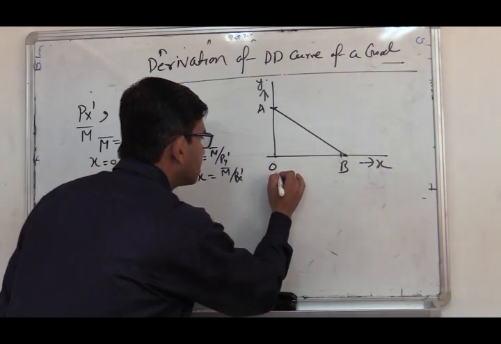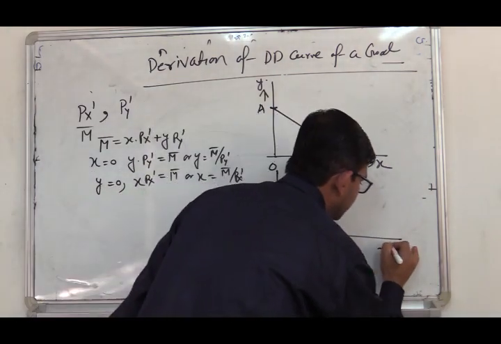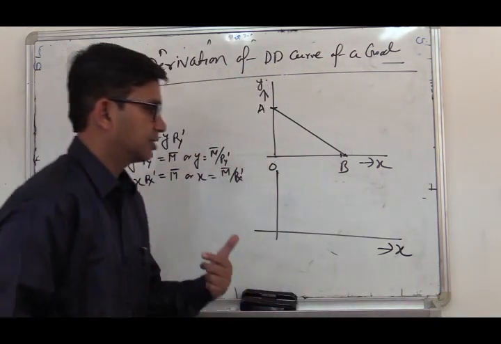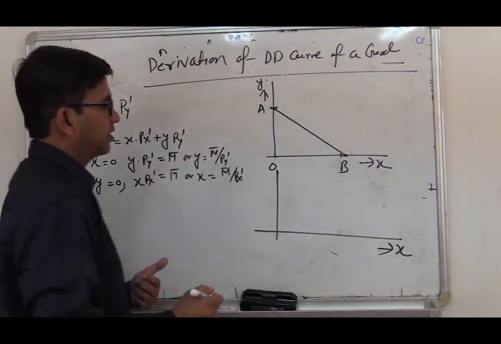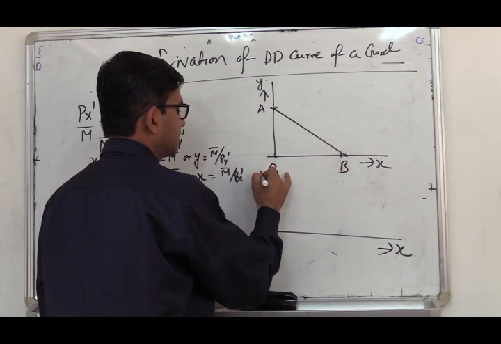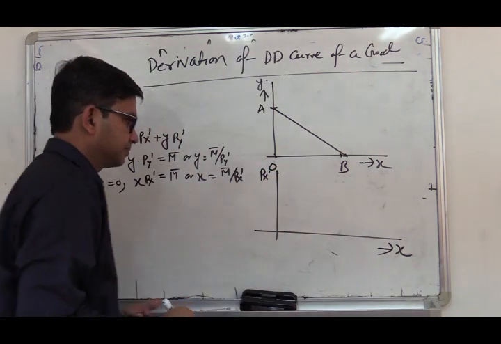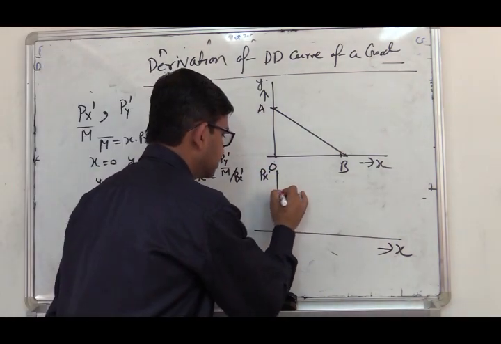So in the lower diagram, in the horizontal axis we are measuring x, and in the vertical axis we are measuring price of x. So let us start with this price.